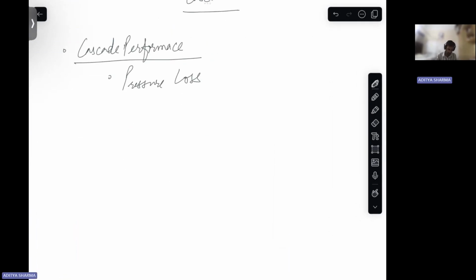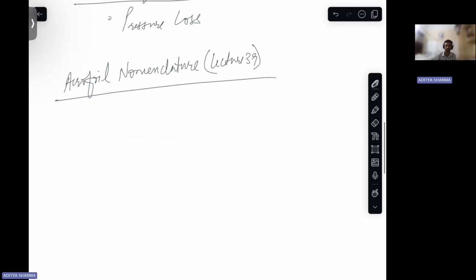This comes in airfoil nomenclature, which is lecture number 39. So I'll discuss this here only. Topics related to lecture number 40 we'll take.